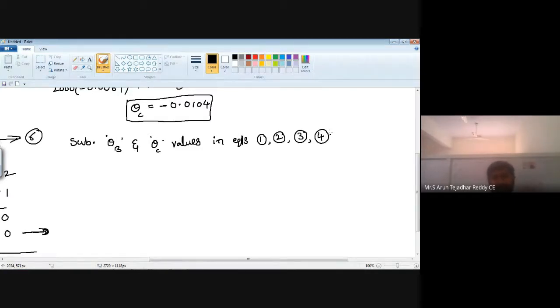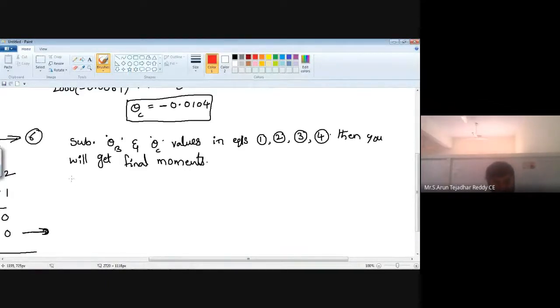Very simple, very easy. Substitute theta B value and theta C value in equations 1, 2, 3, 4. Then you will get the final moments.